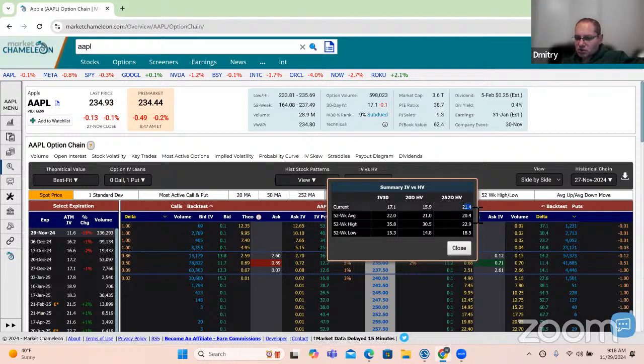So here is 21.4, which you could see right now both the IV30 and the 20-day are below that. We took the average of all those observations, it's 20.4.